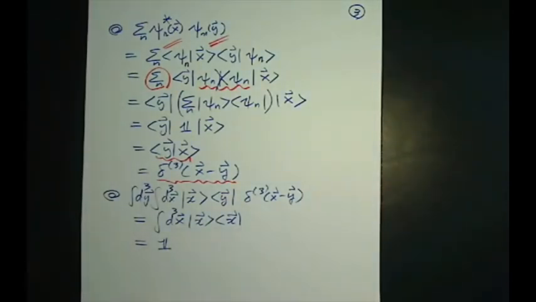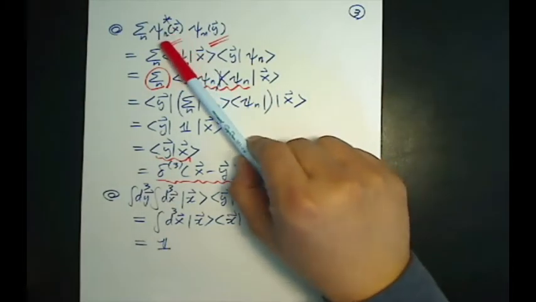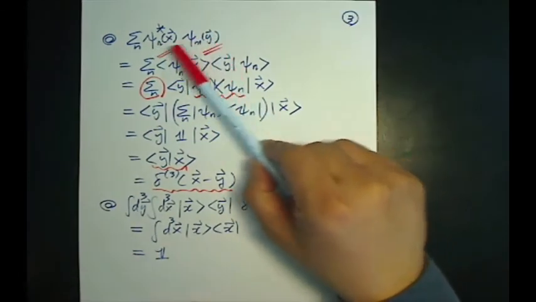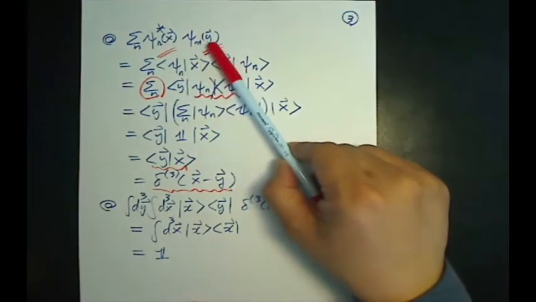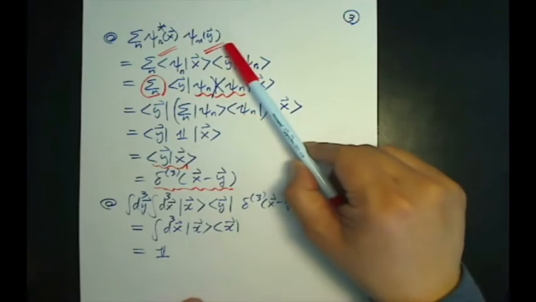The completeness relation can also be written in the following way. We have two functions with the same index but with different coordinates, and one has the complex conjugate, the other has not.